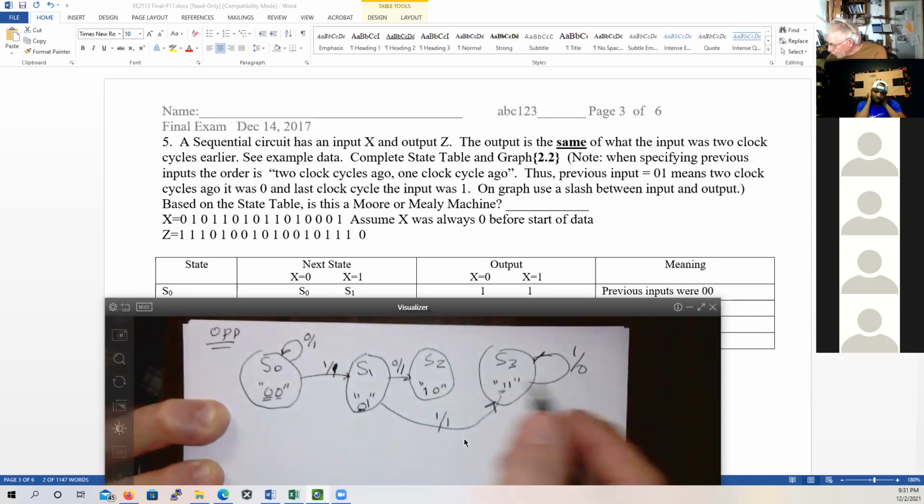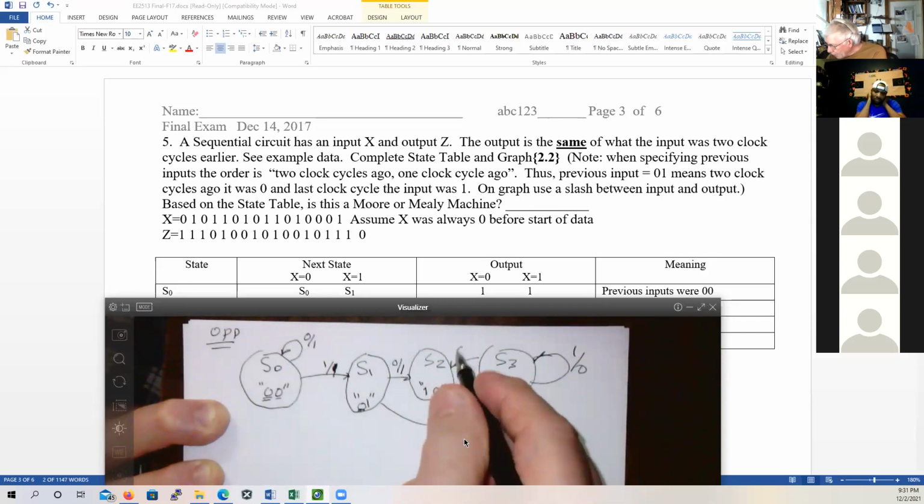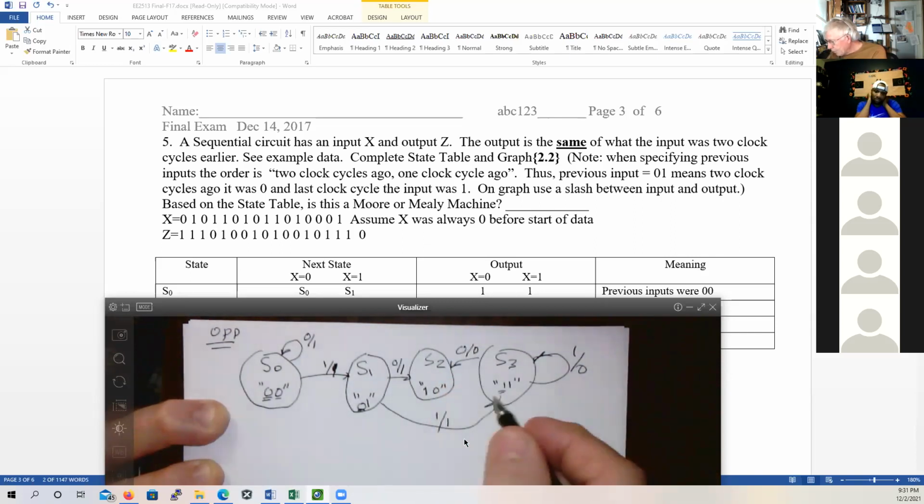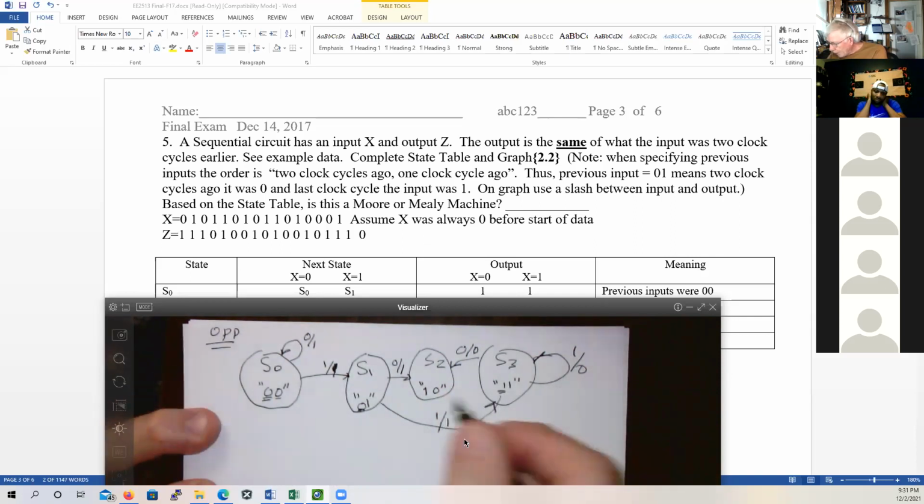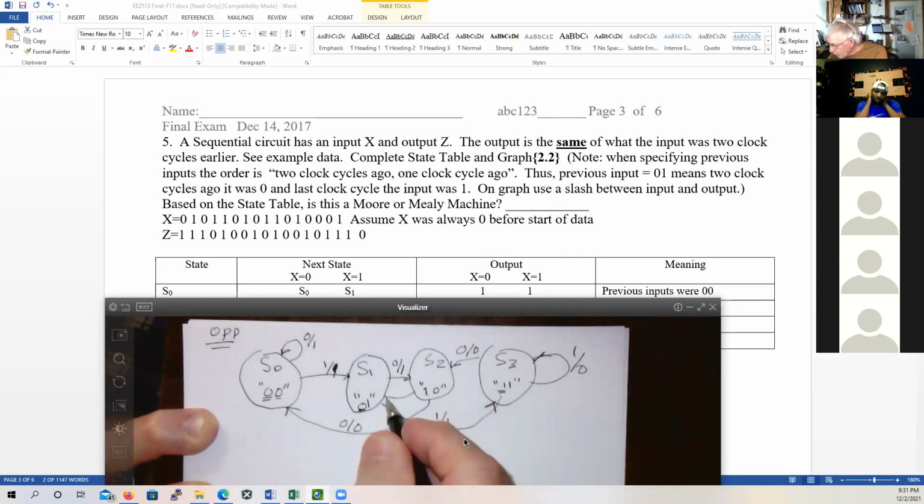Or if we get a 0, go here and output a 0 because it's opposite. And from S2, if we get a 0, we go here and output a 0 because it's opposite. And if we get a 1, we go here and output a 0 because it's opposite.